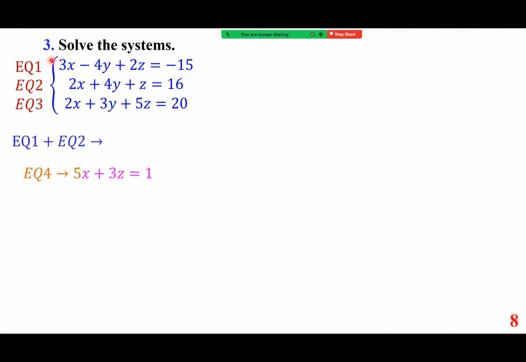So for example, equation 3 hasn't been used. If we use it with equation 1, this is minus 4, this is 3. I can multiply this one by 3 and this one by 4. If you multiply this one by 3, you multiply both sides, you get 9x minus 12y plus 6z equals minus 45. And if you multiply this one by 4, you get 8x plus 12y plus 20z equals 80.